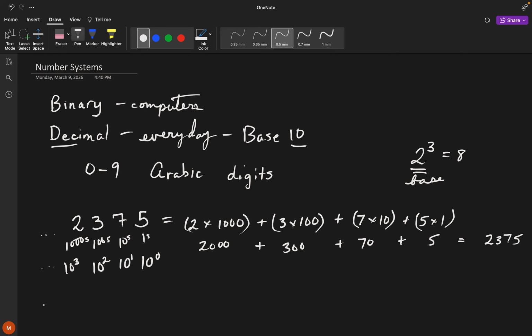And so on, forever. So instead of saying 2 times 1,000, you could also say 10 cubed here. 2 times 10 cubed, and 10 squared, and 10 to the first, all the way down to 10 to the 0. Always remembering that the 0 power is always on the right.